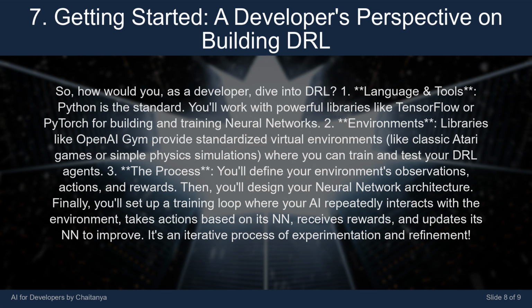The process. You'll define your environment's observations, actions, and rewards. Then, you'll design your neural network architecture. Finally, you'll set up a training loop where your AI repeatedly interacts with the environment, takes actions based on its NN, receives rewards, and updates its NN to improve. It's an iterative process of experimentation and refinement.